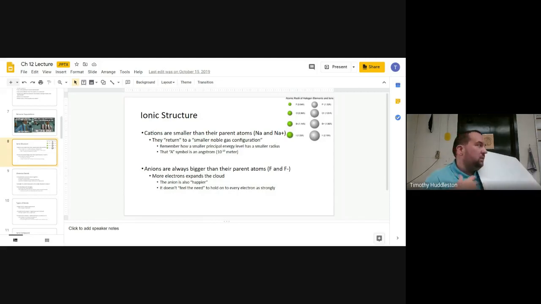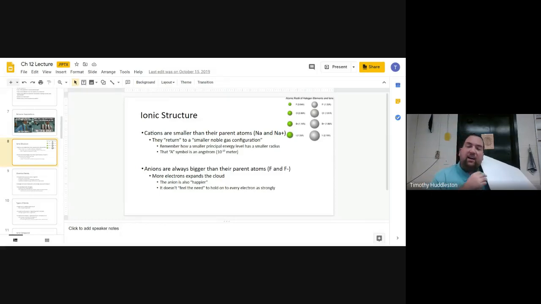As we learned earlier with electron configurations, like with Li, when it becomes stable, it goes to the nearest noble gas. It's atomic number 3, so the nearest noble gas is atomic number 2, which is helium, on principal energy level 1. It returns to a smaller principal energy level, which makes it smaller. That's because it's a positive charge.